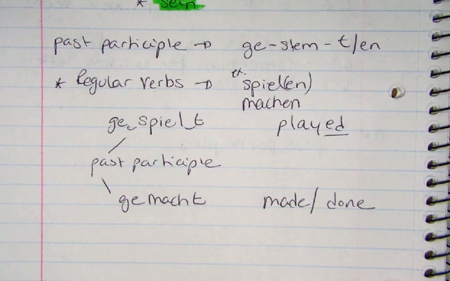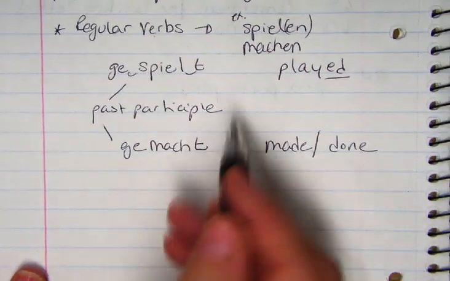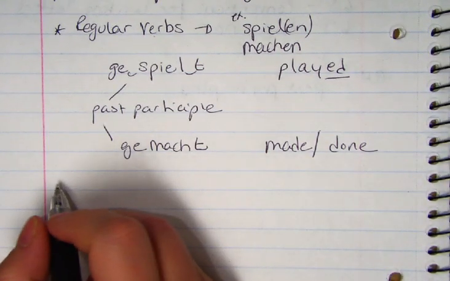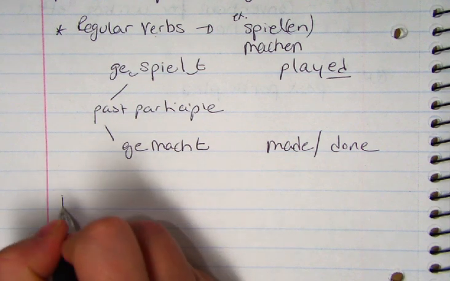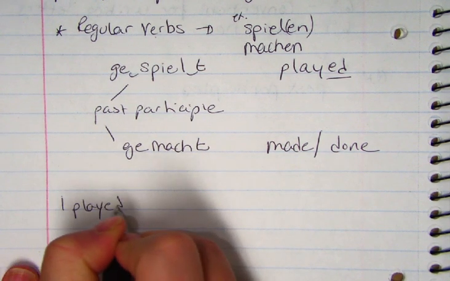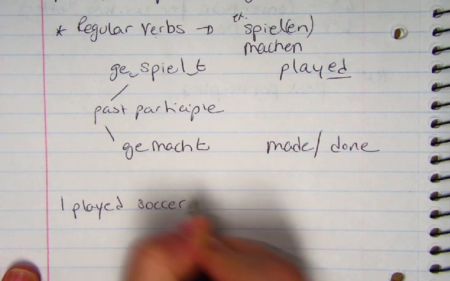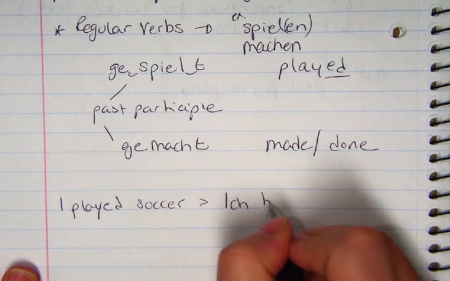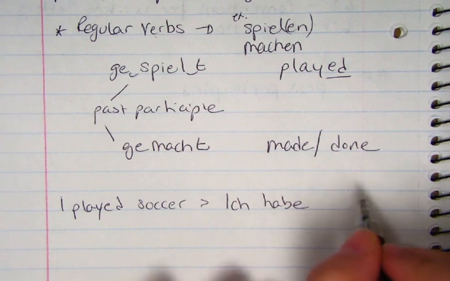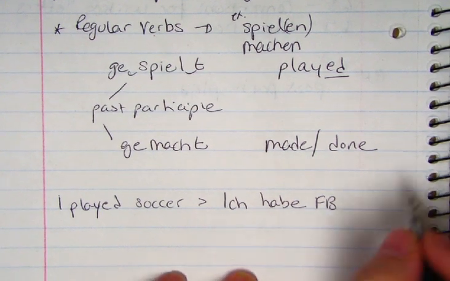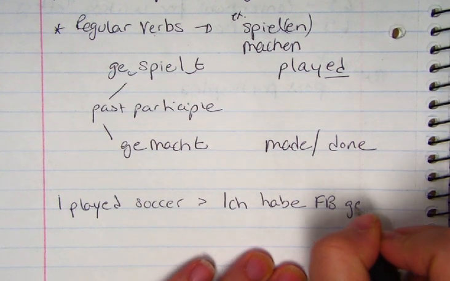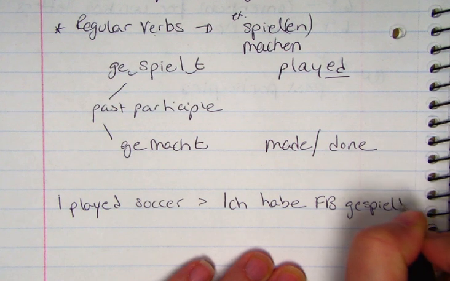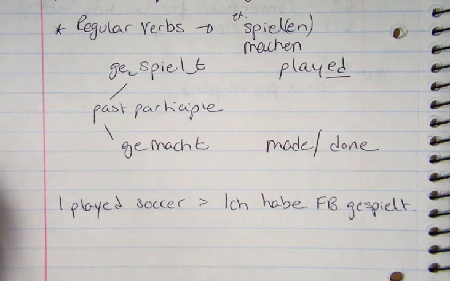Whenever you use these in sentences, the way a sentence is going to look, for example, if I say I played soccer, you're going to say Ich habe, there's your helper verb, Fußball, and then gespielt. Ich habe Fußball gespielt.